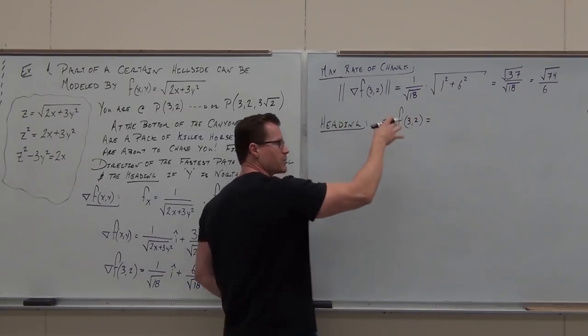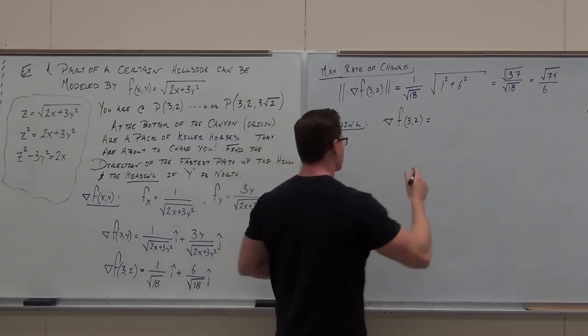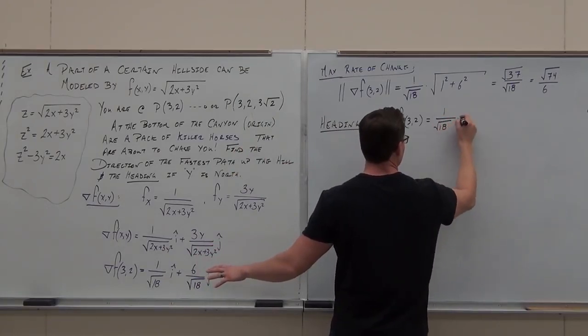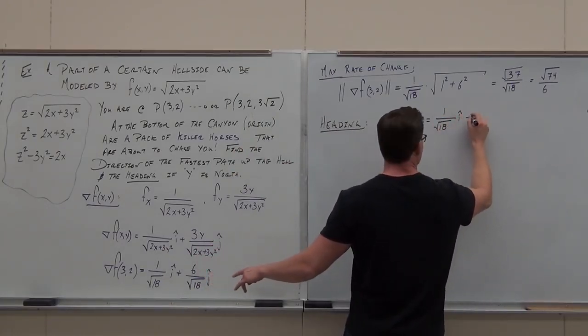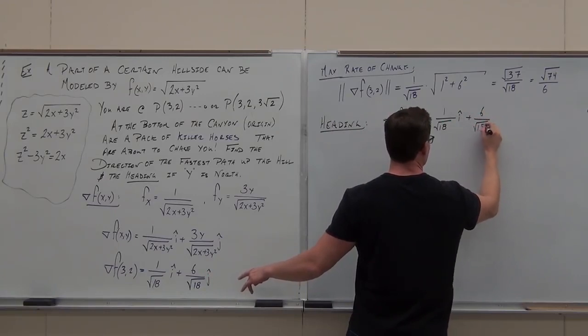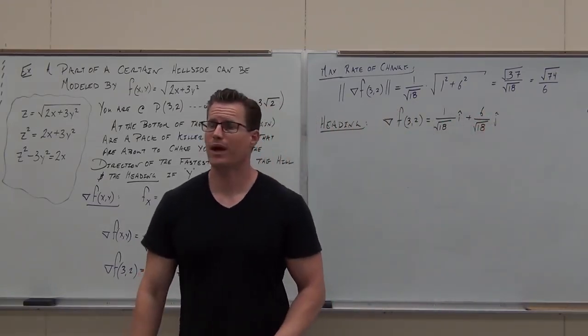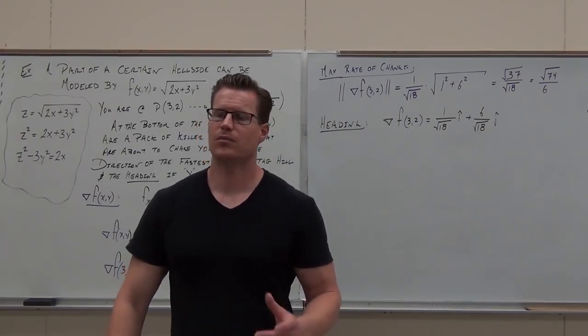So starting with our direction vector, our gradient of steepest ascent, can we figure out what heading that is?